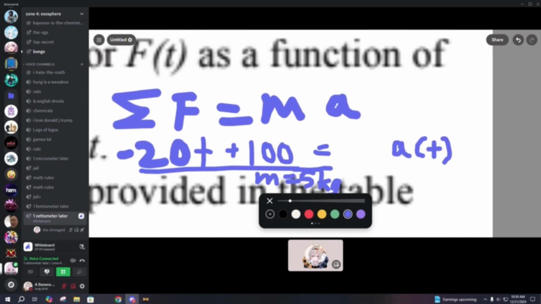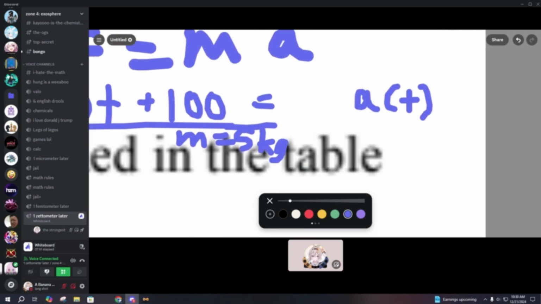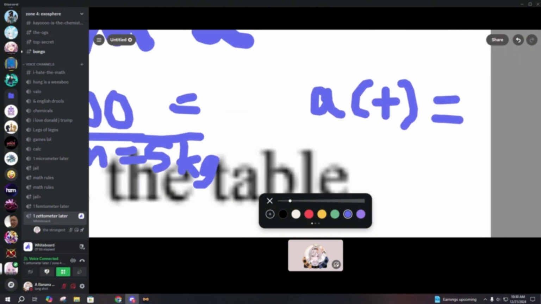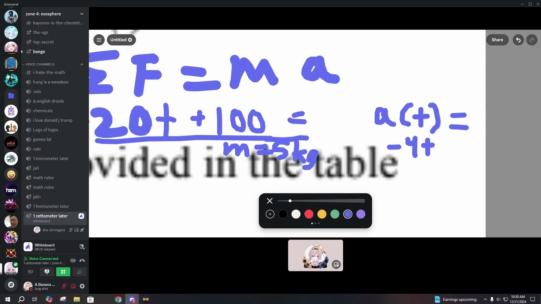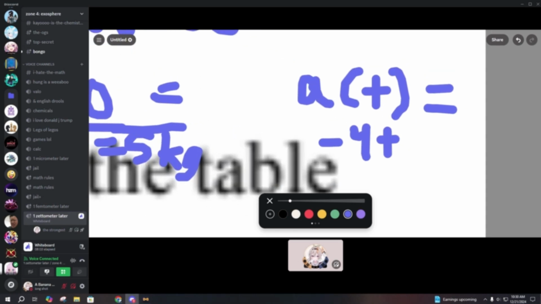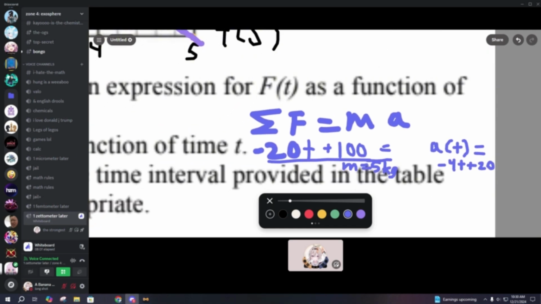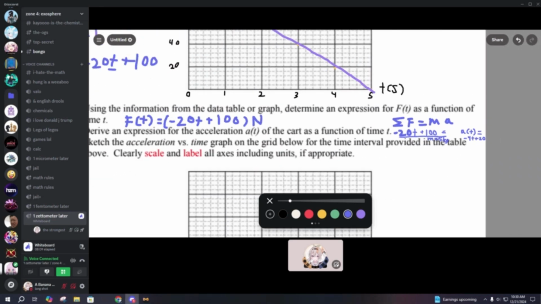So I just need to divide here. A of t would be equal to negative 4t, and then plus 100 over 5 would be plus 20. So there you have it, A of t, acceleration as a function of time.